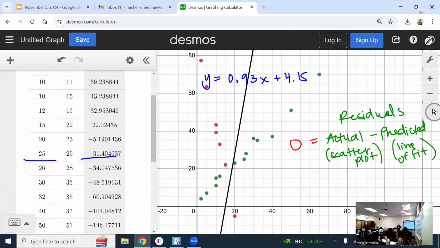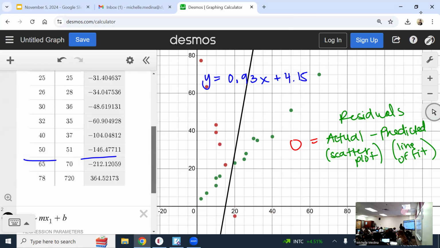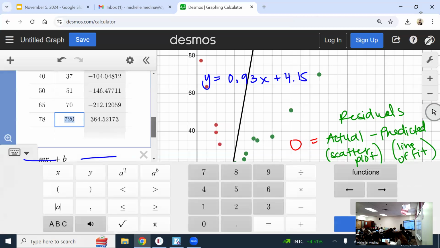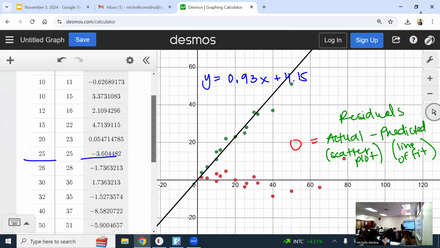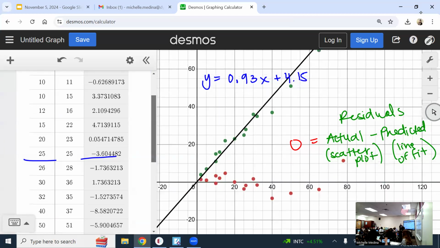Is it all around the x-axis anymore? No, it's now really far from it. Let me make it something a little more reasonable. Maybe let me make it 100. All right, so it's closer than what I last put in, but it's not as close as it was initially when they first gave it.